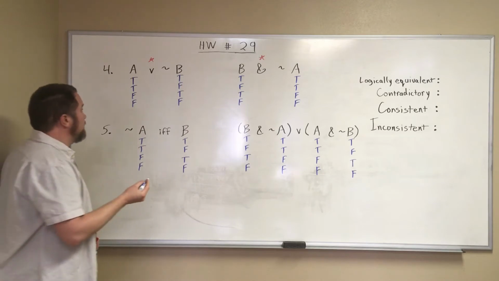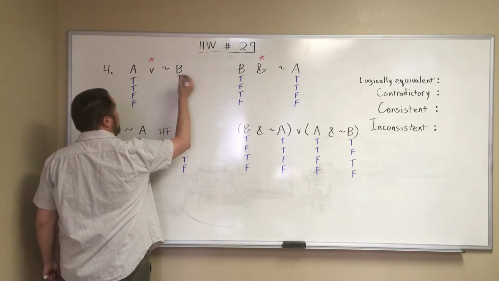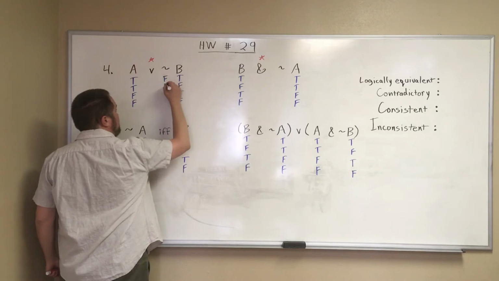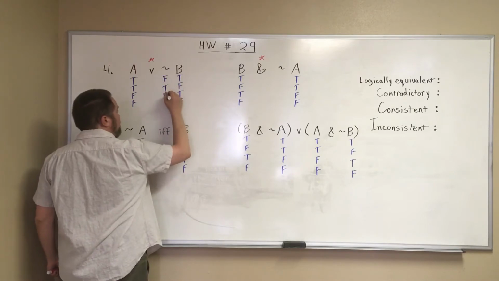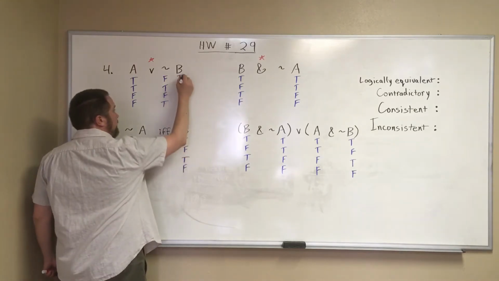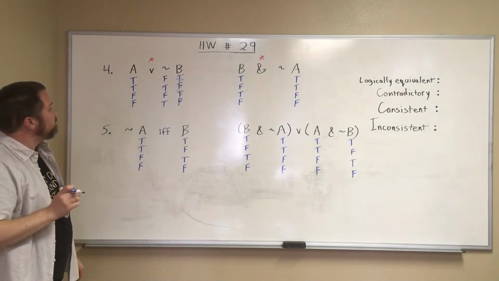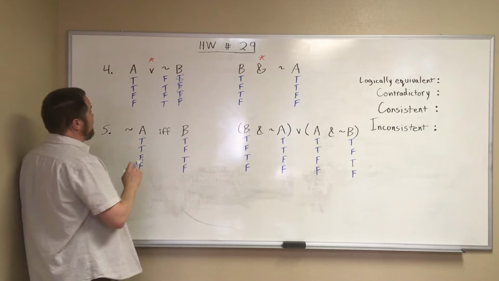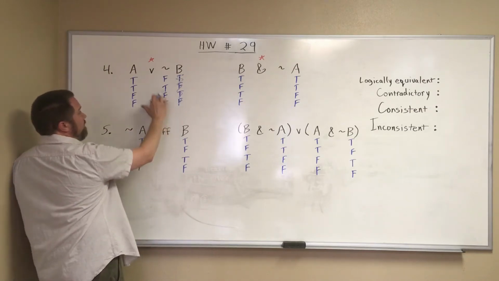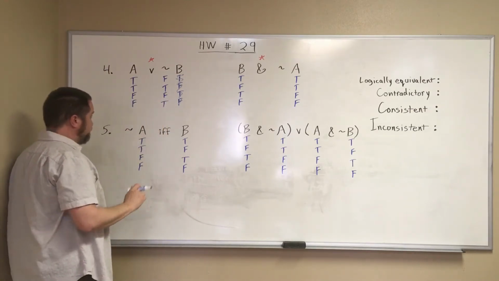So not B, this negation, is just going to be opposite truth values: false, true, false, true. And again, if you want to lightly cross out the column under B, since we don't need that anymore, we're looking at these 2 columns for this disjunction.